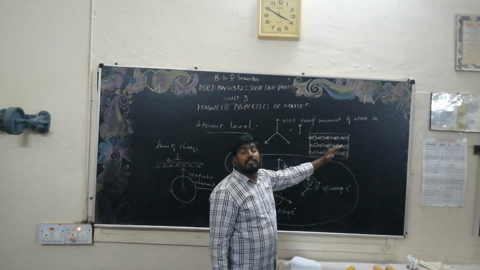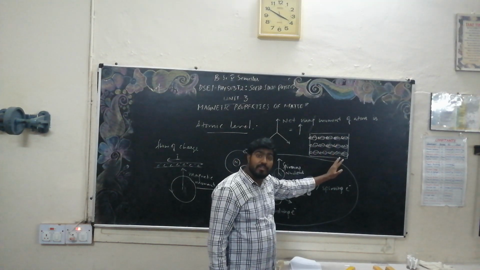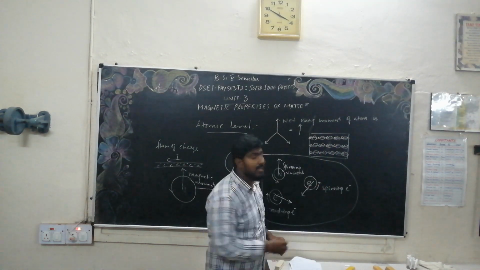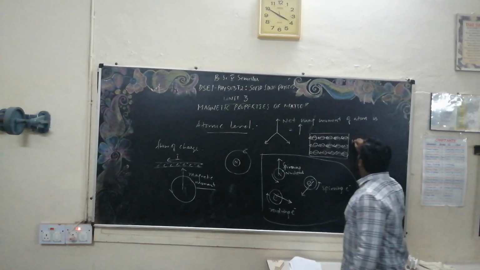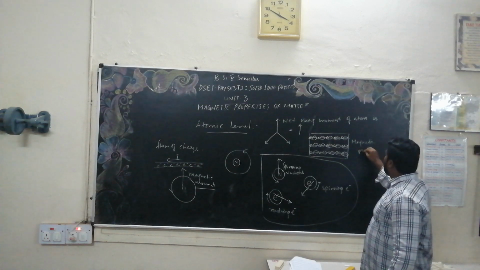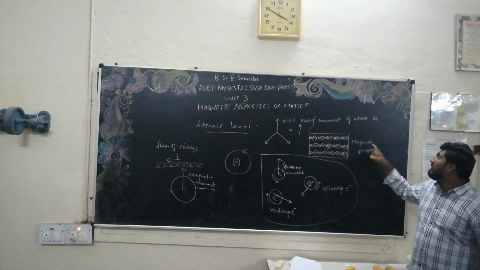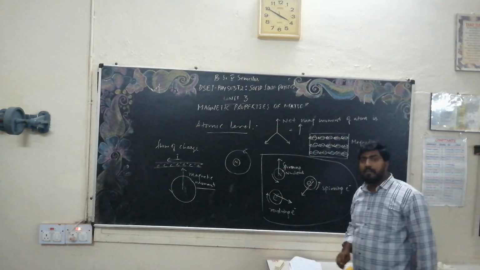If there is a magnetic moment only in one direction across several atoms, it is our good magnetic property. This type of material has the magnetic property.